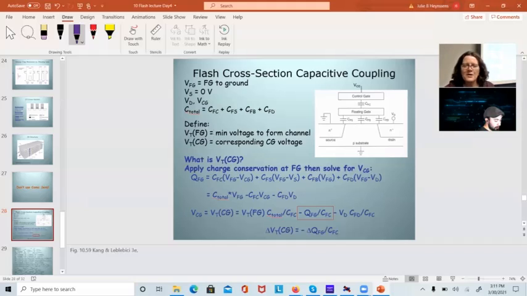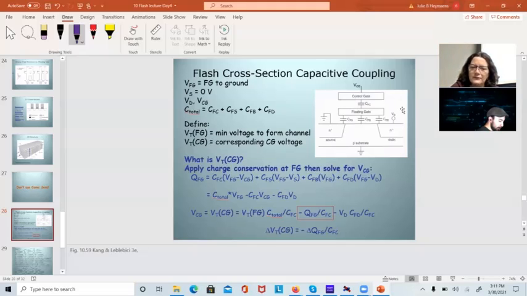So what we're doing here with this slide, and I'm running out of slides. Yay, you can go home early. VFG is the floating gate to ground. So there's the floating gate. That's the voltage here we're referring to. The substrate is tied to 0 volts. Everything is capacitively coupled. There are 4 capacitors in here.